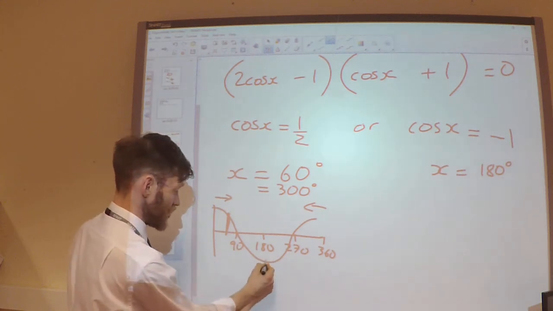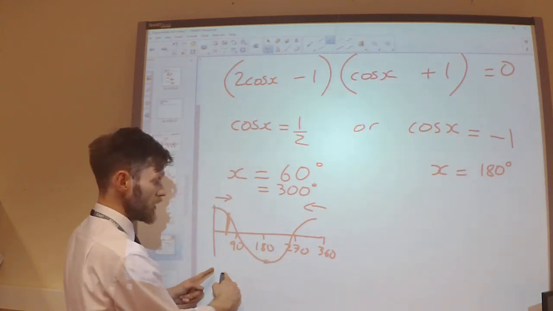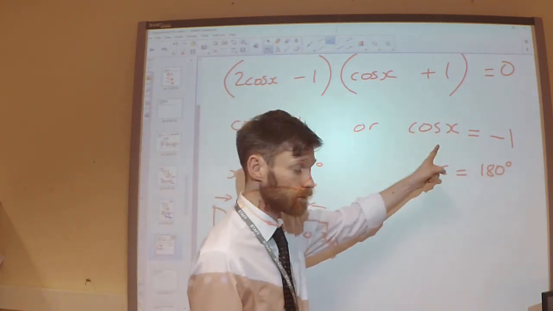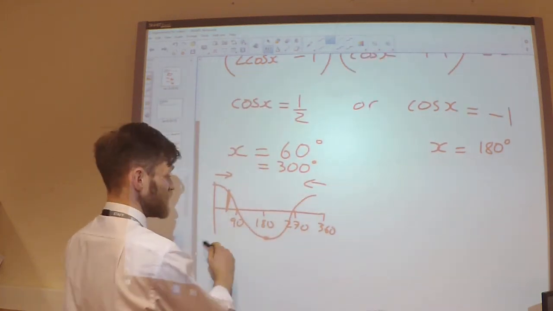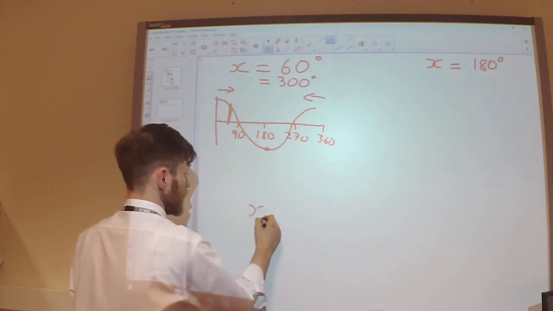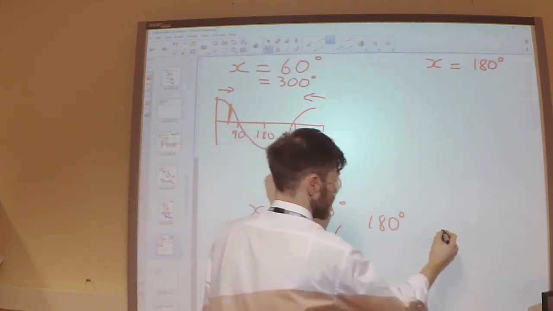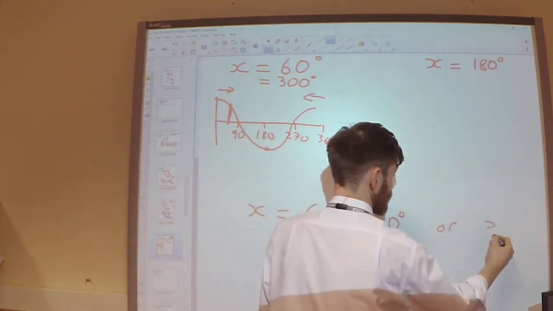There are no other points on this graph where it's equal to minus 1. So 180 is my only solution that comes from here. So my three solutions are 60, 180, or 300.